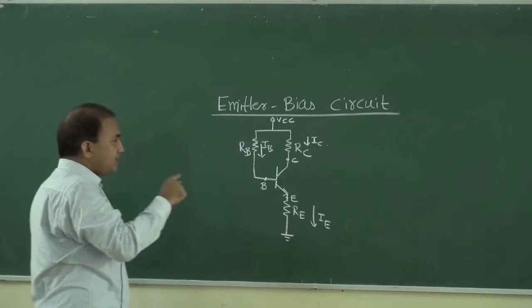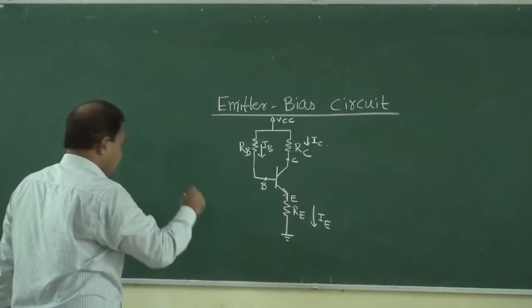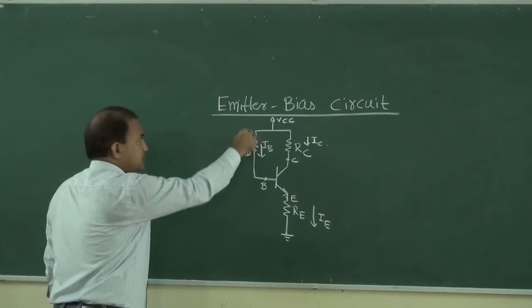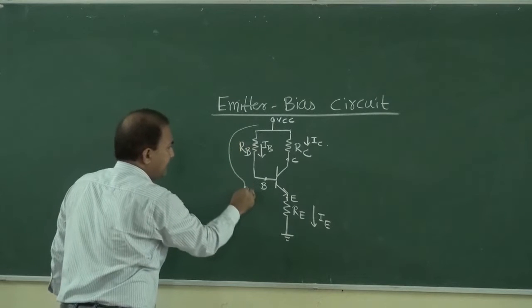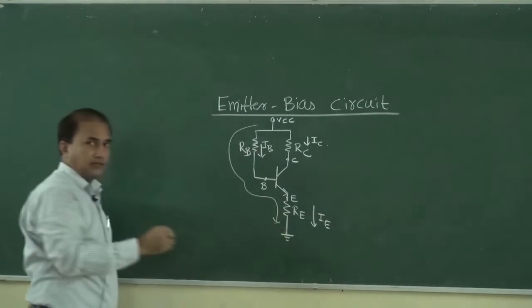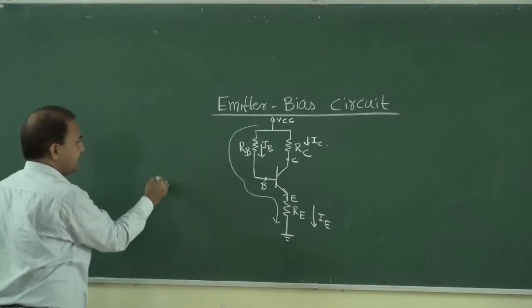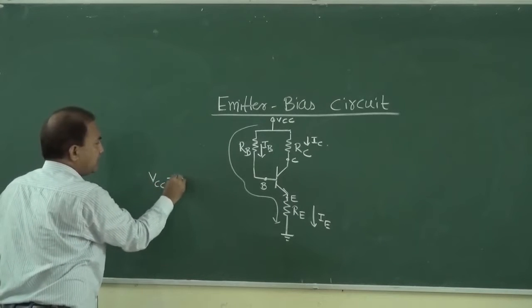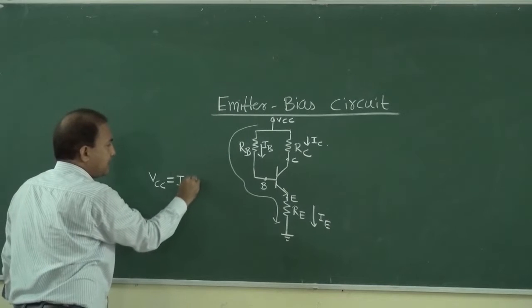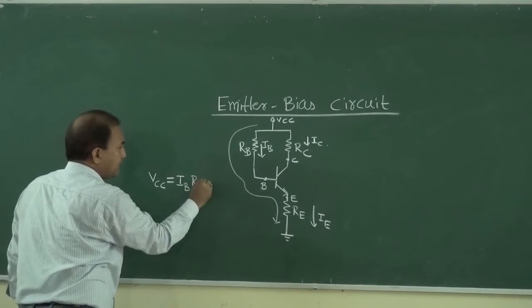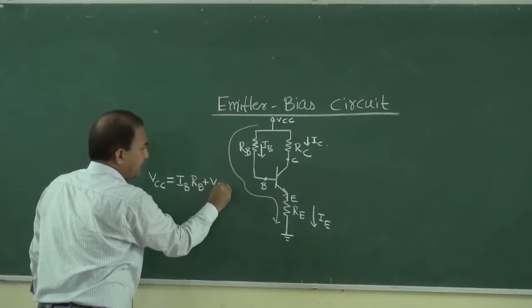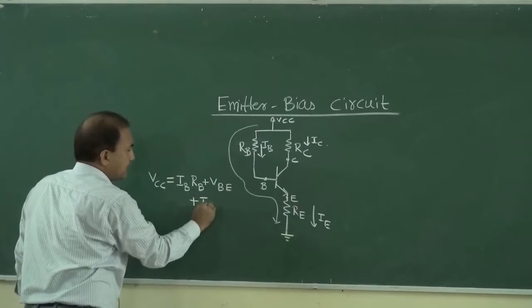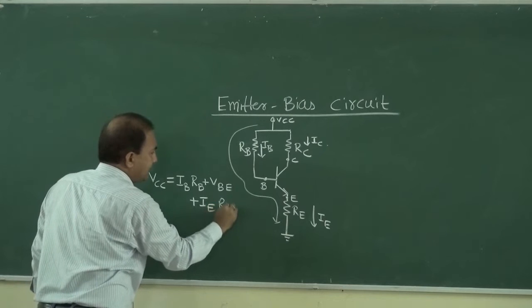Okay. So for this emitter bias circuit, suppose we want to apply Kirchhoff's voltage law in base emitter loop. Then how we can write down the equation? It is VCC, it is equal to IB RB plus VBE plus IE RE.